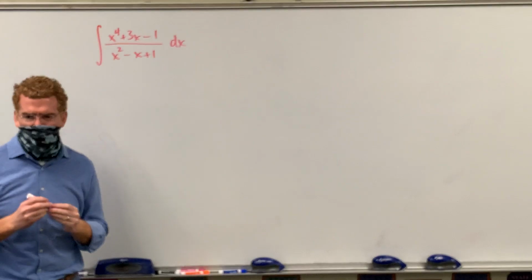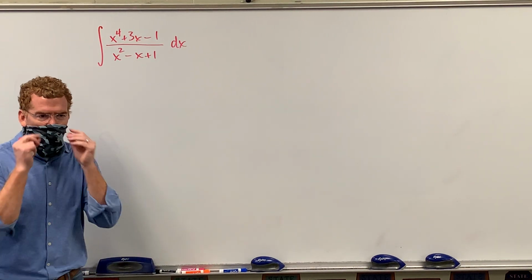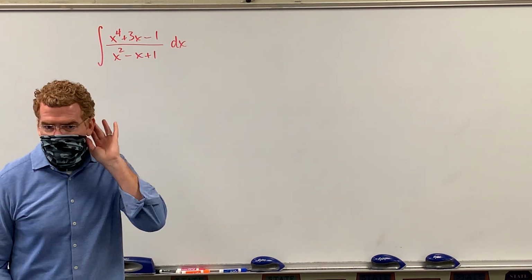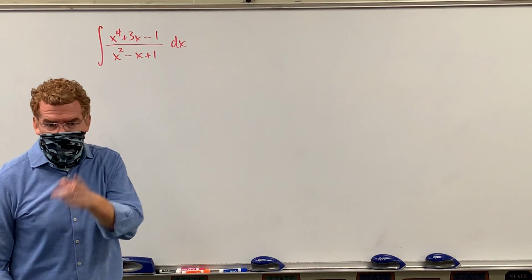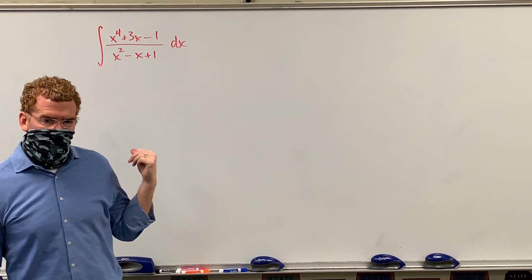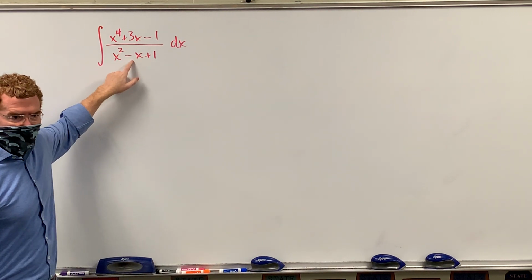You're like, oh, it's probably u substitution. And then you look again and you go, wait a minute. For a u substitution to work, what pretty much needs to happen? Say it. It needs to be in the denominator. So I could still do that, but what's the problem with me choosing that as a u? The power is going to drop.